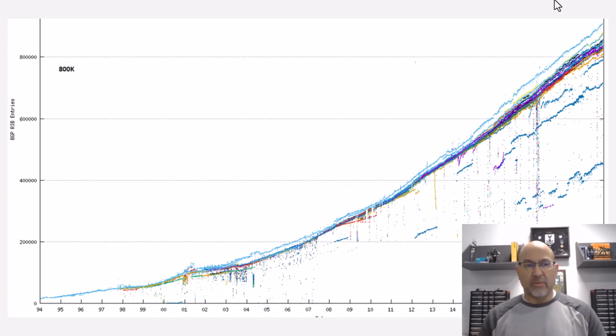And again, this comes from Podaroo.net. And so the last year here is 2020. They've got updated versions out there now, but we can see that in 2020, this is 800,000 right here. And so we're well beyond that. So loss of the address space, inefficiency of the address space, huge growth in internet routing tables.